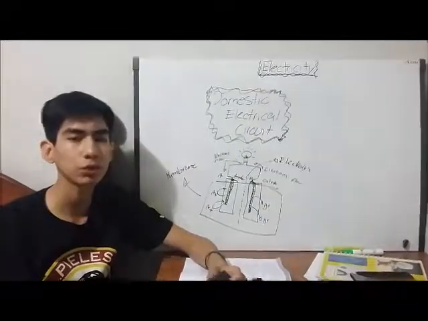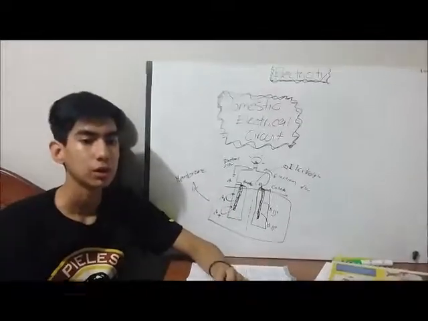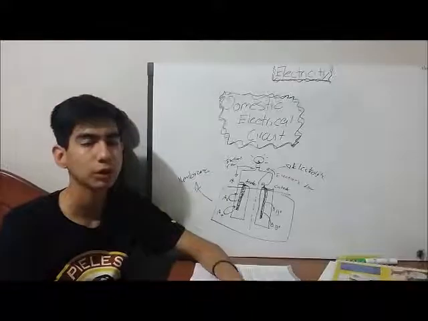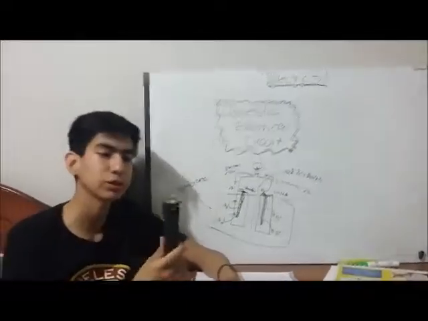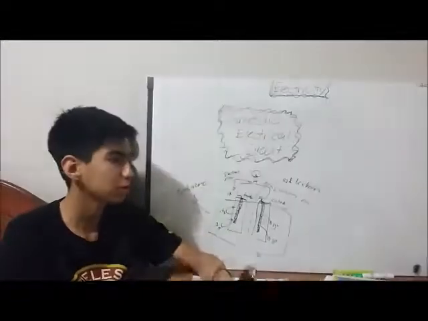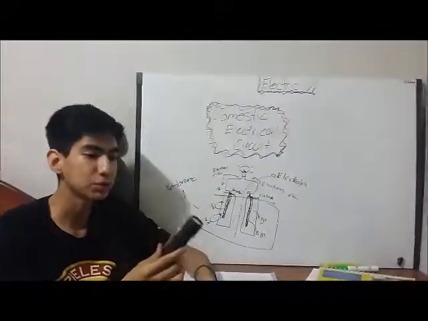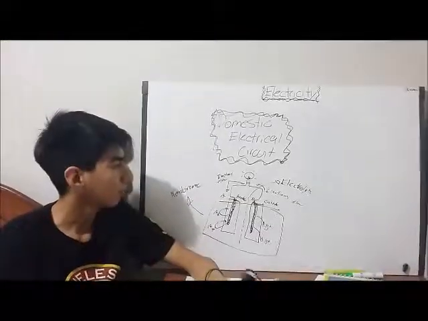The last point that we are going to talk about is the domestic electrical circuit. I think that a really good example of a domestic electrical circuit is a little lamp, and I tried to draw it as a representation of what happens when we turn on this lamp.